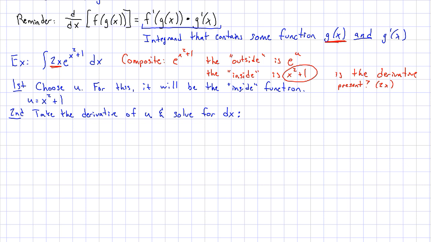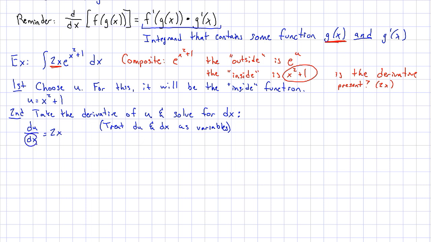So here I'm going to do du dx is equal to 2x. Then there is some kind of fuzzy math that happens here, but basically we treat du and dx as variables and we kind of multiply them around to get dx isolated.